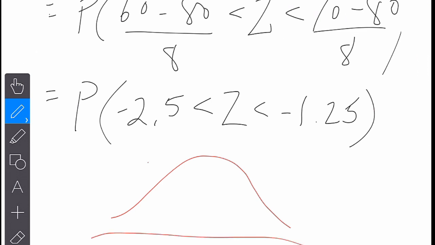Okay, so now we just have to make a drawing. And I'm going to go from negative 2.5 to negative 1.25. So you see the importance of unit 2, normal. You obtain those from the table and then subtract the bigger one by the smaller one.